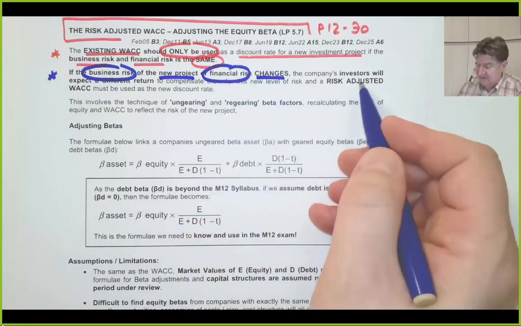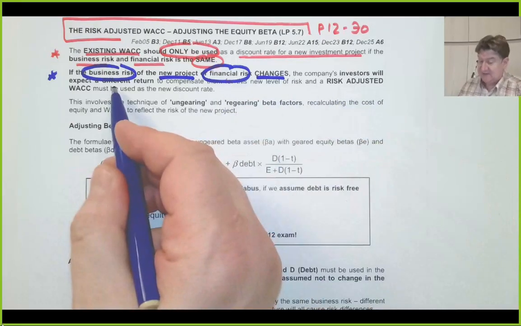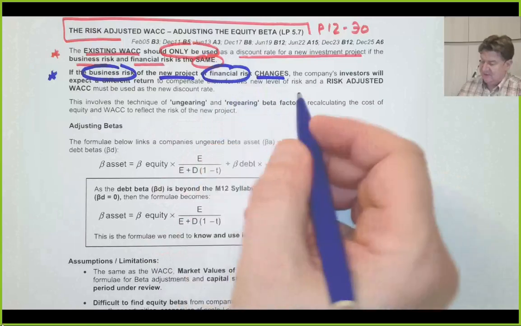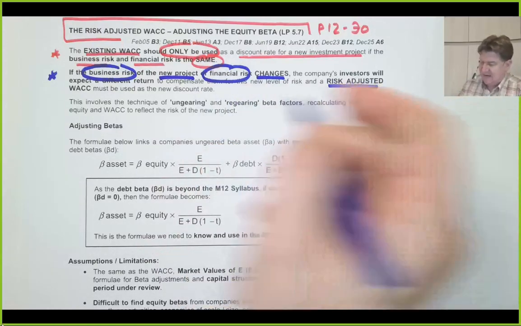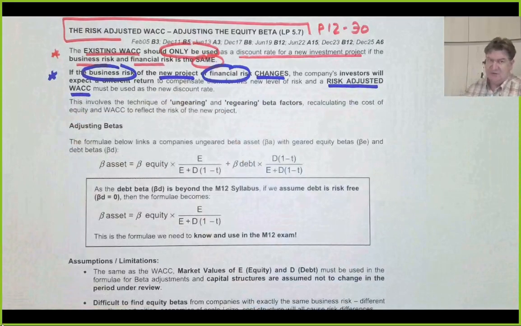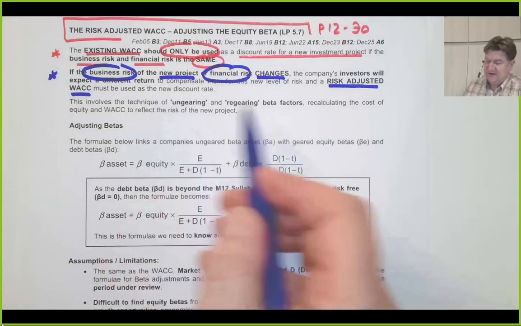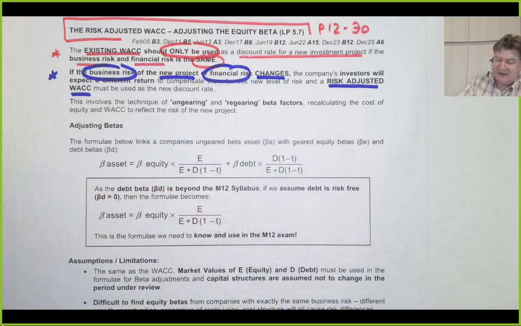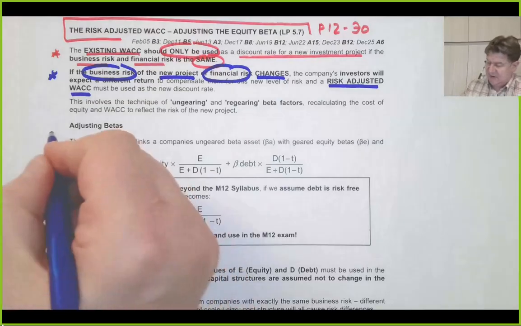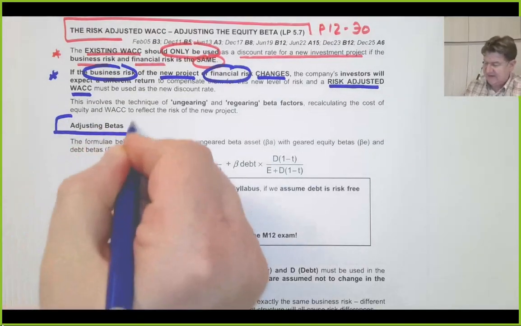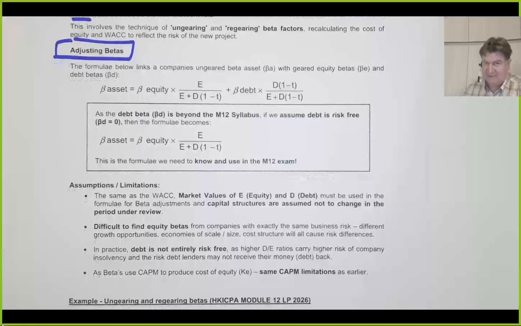The investors will expect a different return. And that means that for this new level of risk, we need to calculate this risk-adjusted WACC. This involves what's known as ungearing and regearing beta factors. So what do we mean by adjusting beta factors here? Let's get into this adjustment of our beta factors.